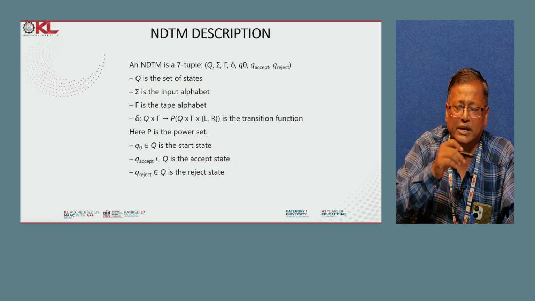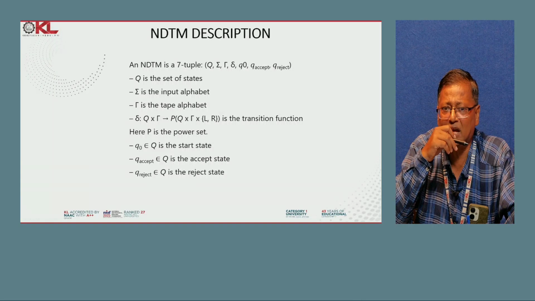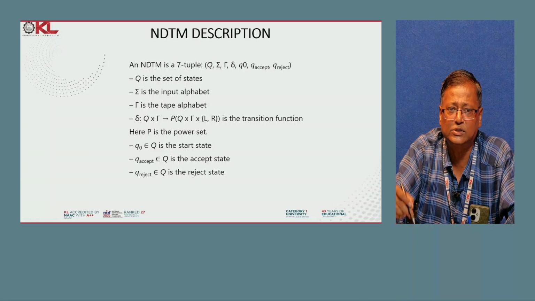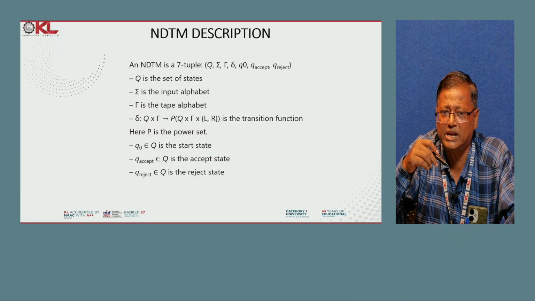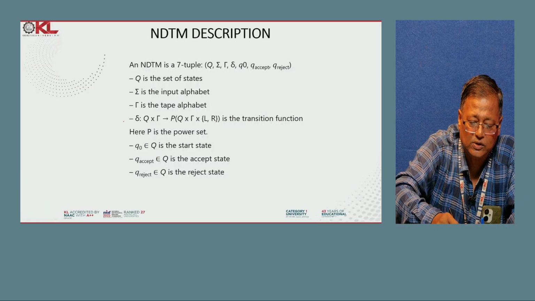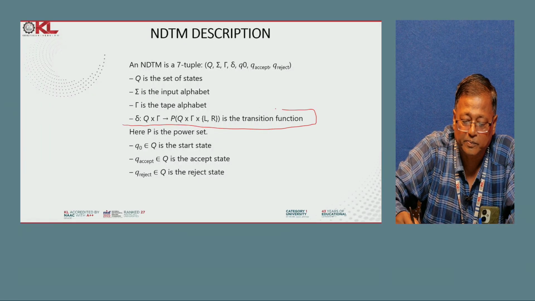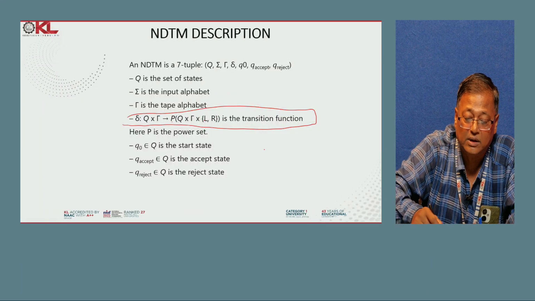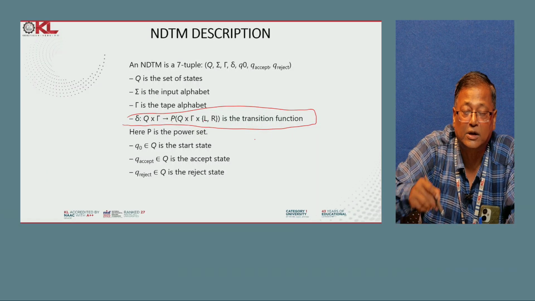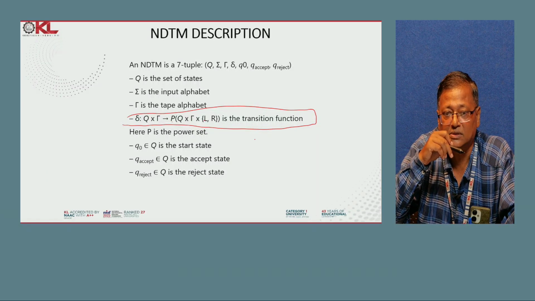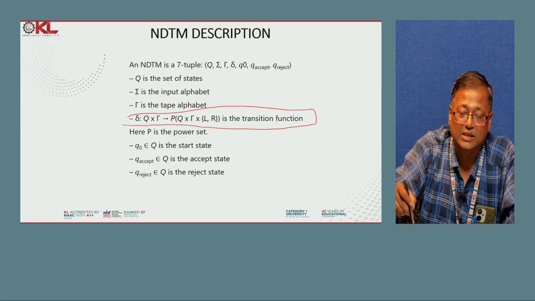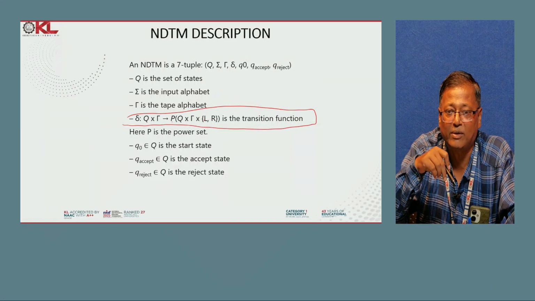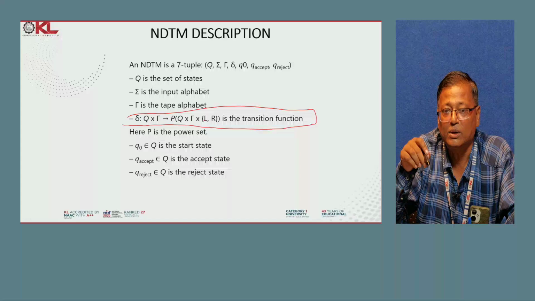So here is the NDTM. All of you know that the Turing machine has 7 tuples. Q is the set of states, sigma is the input alphabet, tau is the tape alphabet, and one difference is here: delta maps to the power set of Q into tau, left or right, because there are many possibilities.